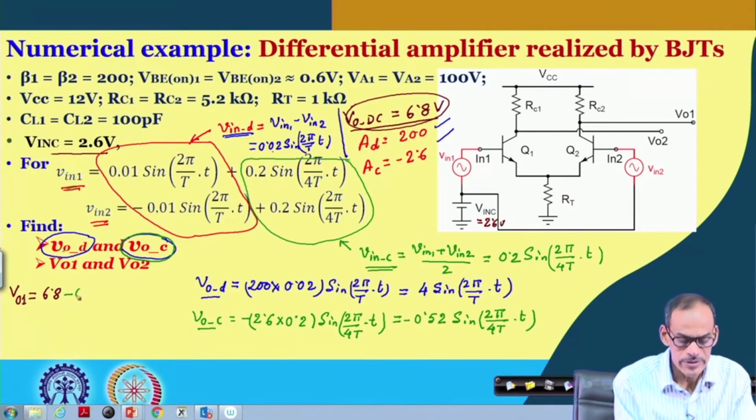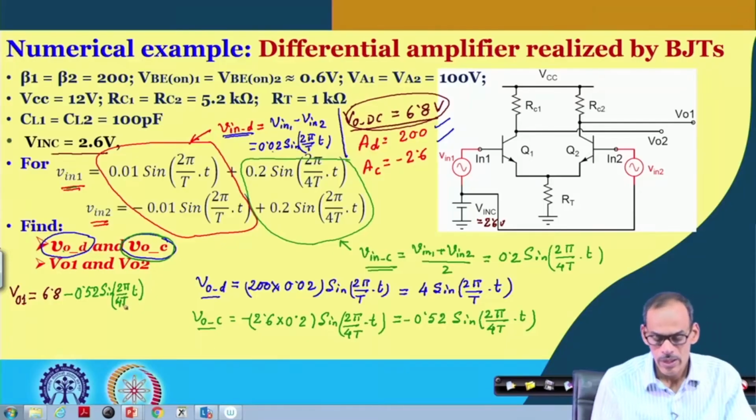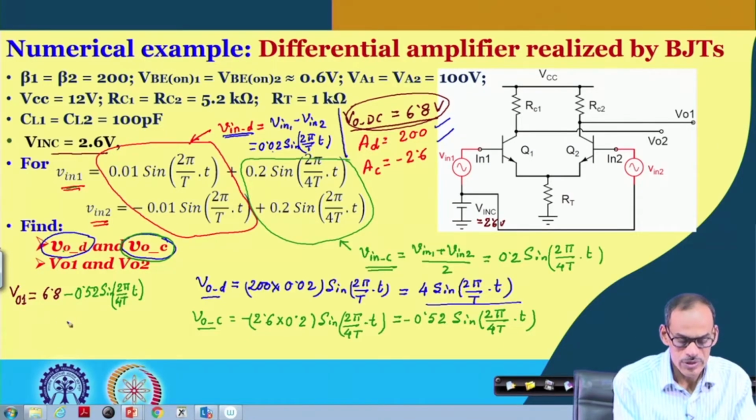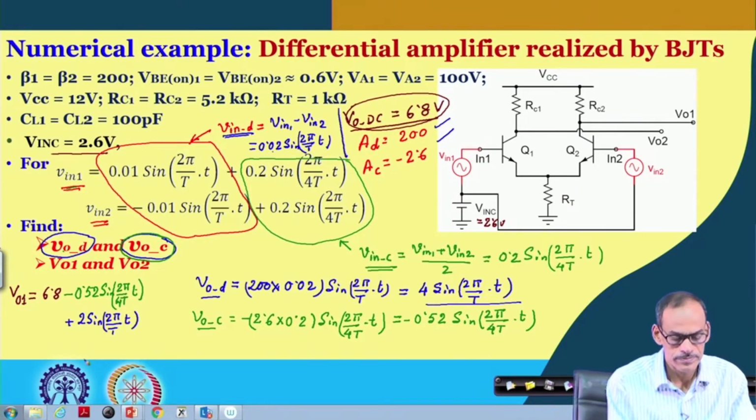So, that is minus 0.52 sine 2 pi by 4 capital T small t, and then it is also having half of the differential part. So, that is equal to plus 2 sine 2 pi by capital T into small t.